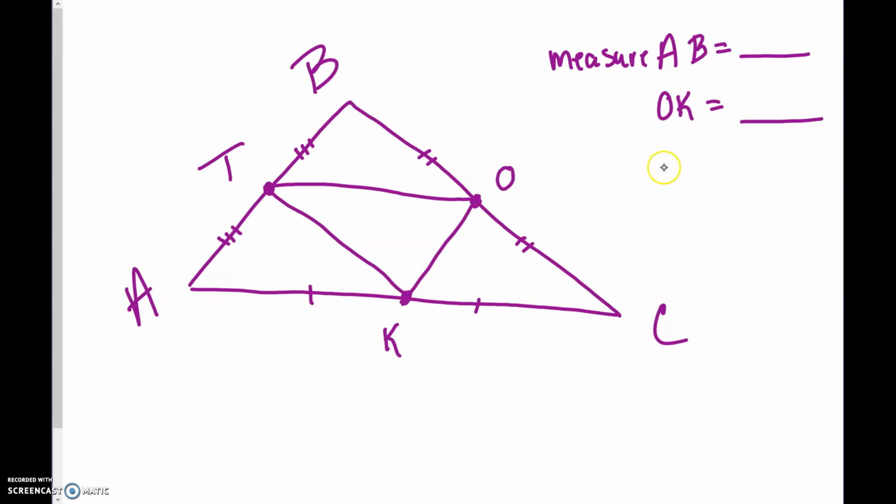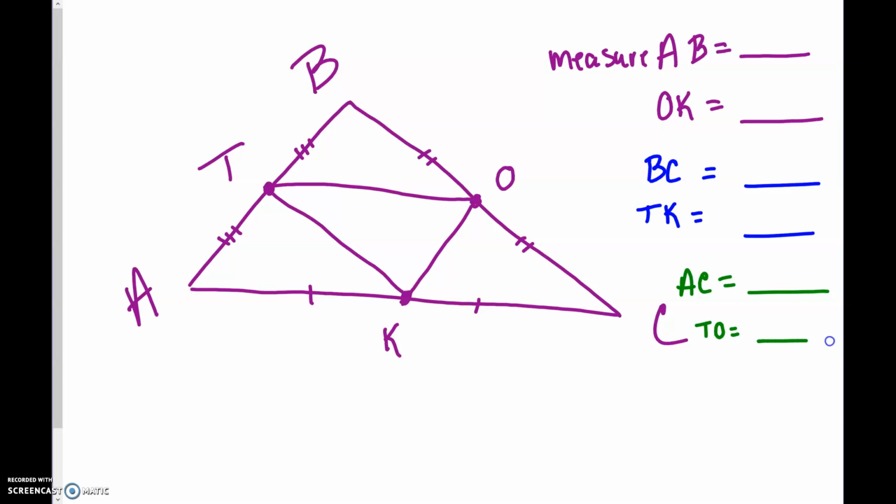Then measure the length of BC, and then measure TK. Finally, measure AC, and then measure TO. Okay, then what did we find out?